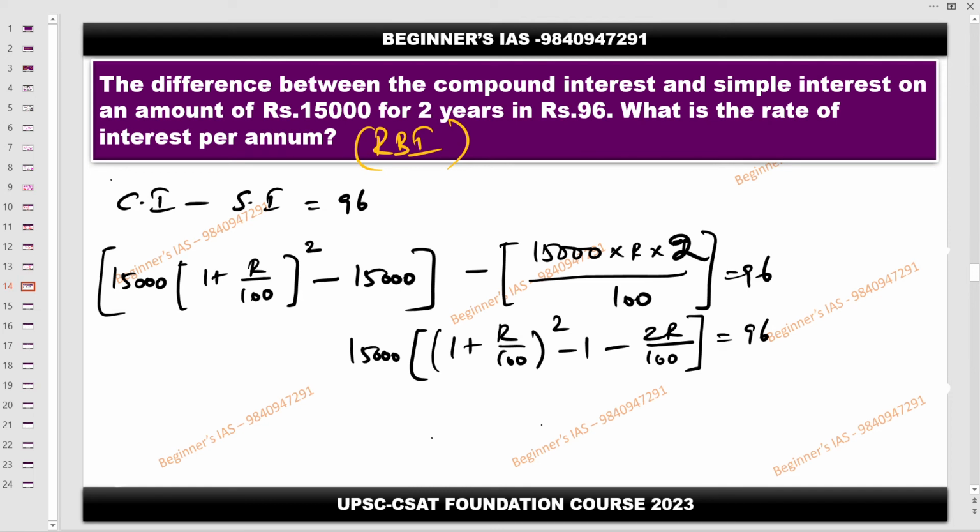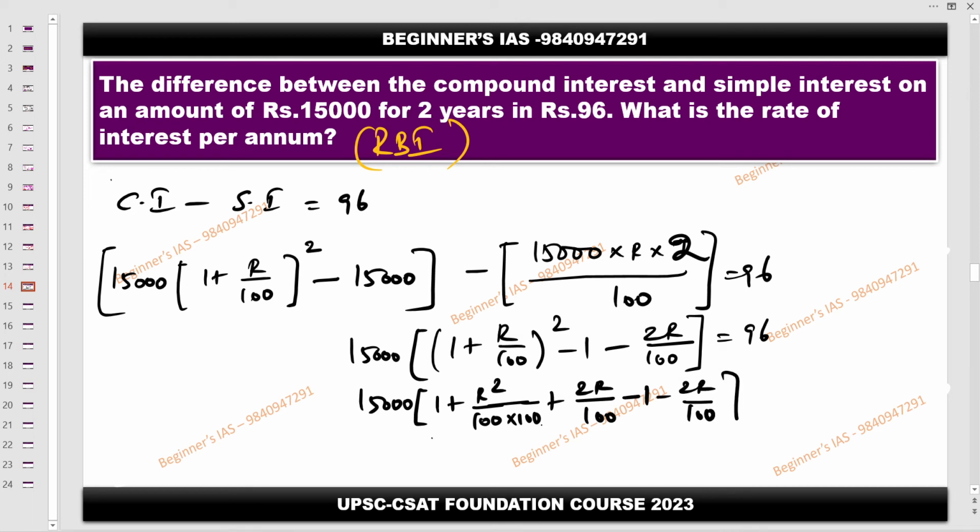You know the basic formula, a plus b the whole square, a square plus b square plus 2ab. So here minus 1 minus 2R by 100 is equal to 96. 1 and 1 get cancelled.